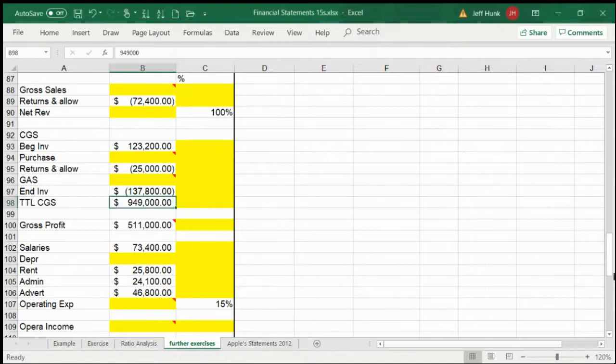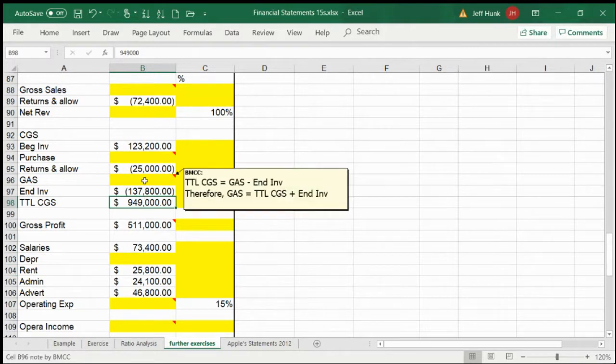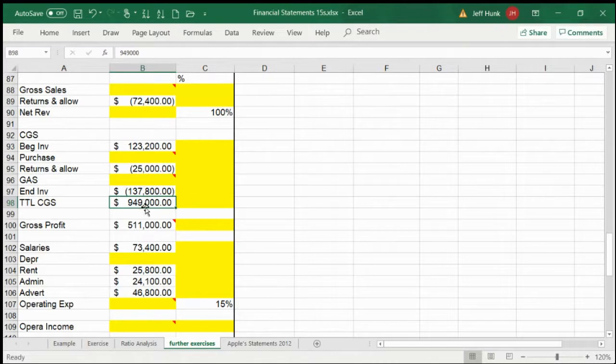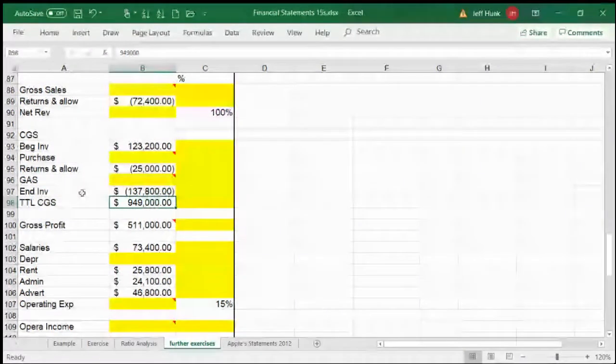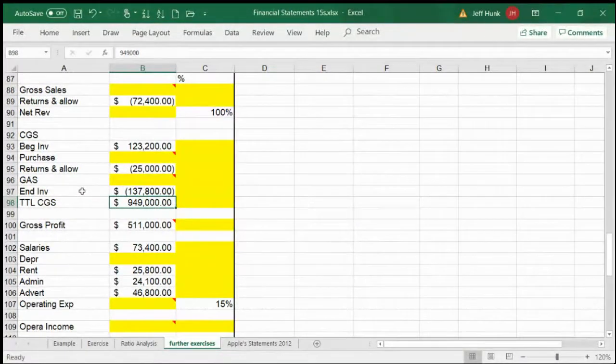Therefore, we can find GAS by, think about it, CGS is if you subtract CGS from GAS, then there's ending inventory, right? Isn't it right? So if you add them up, that would be GAS.